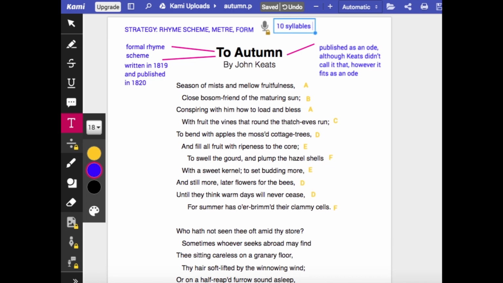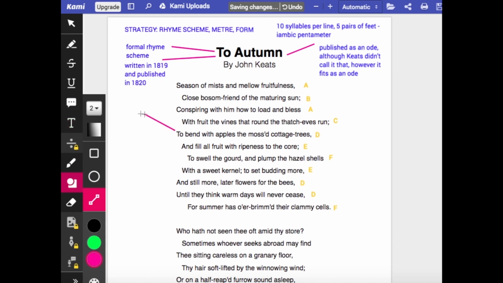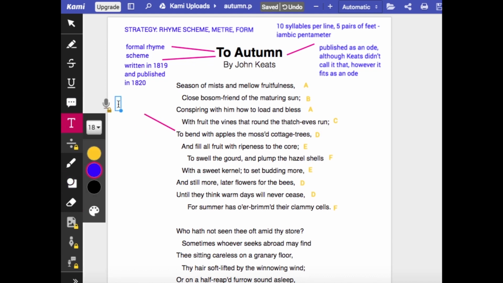That's what they're called in poetry, which basically means that the poem is in iambic pentameter. Finally, it's worth looking at how many lines there are in a stanza, which means verse. And there are, in this case, 11 lines per stanza.